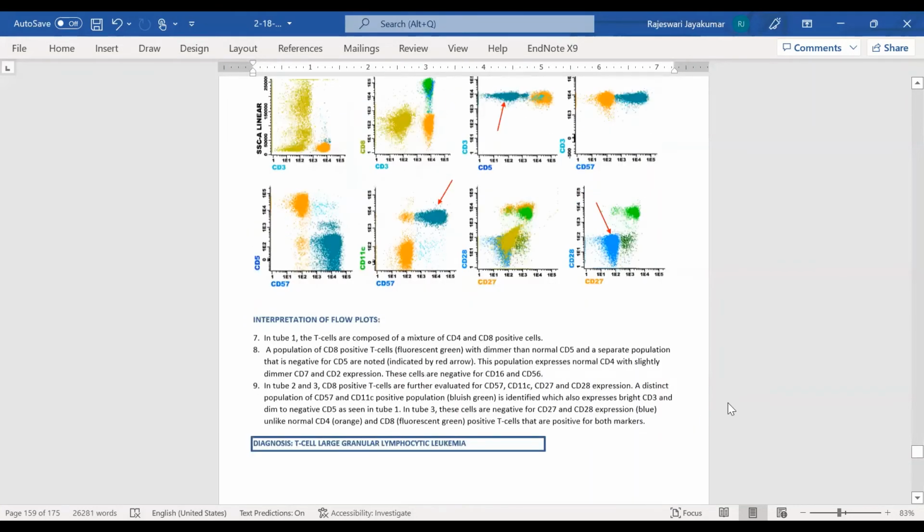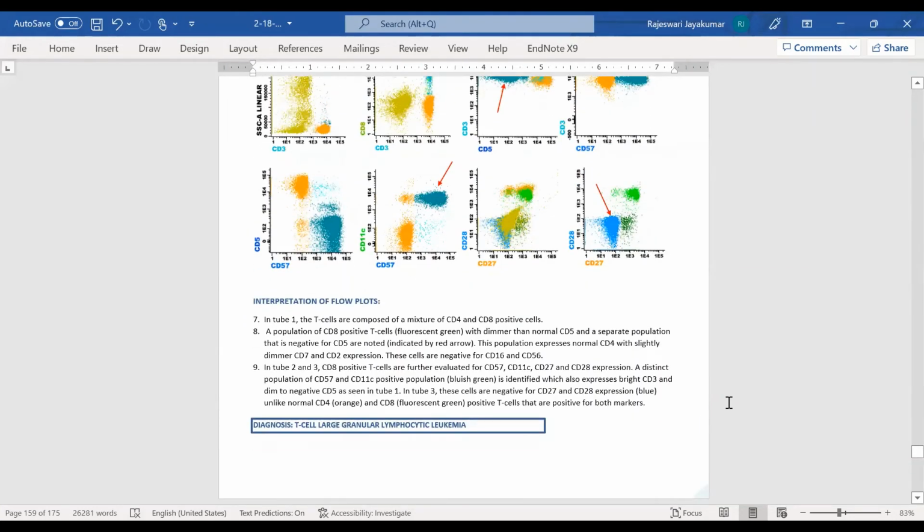And LGLs, when you see in the peripheral blood, or even in the bone marrow, the only thing you can do is to report how many LGLs you see and what phenotype they have, and you can say correlate with TCR, or T cell receptor rearrangement, PCR, to see for clonality. You cannot call them neoplastic, or you cannot call it leukemia just by flow cytometry, because there are certain criteria for LGL leukemias.